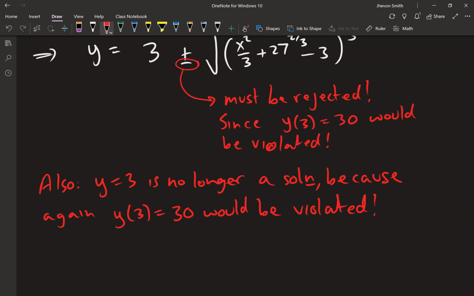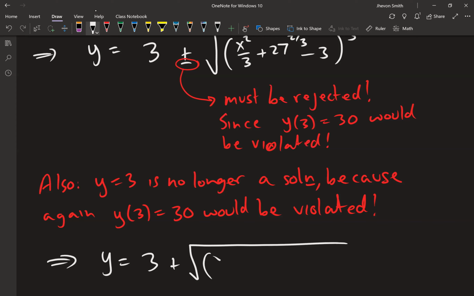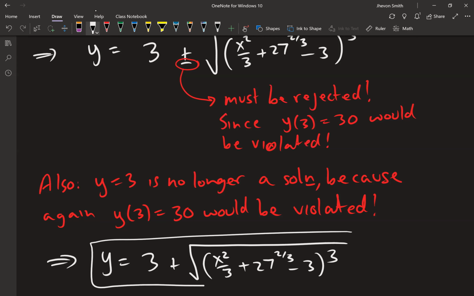If it's a constant function where the output is always 3, how am I going to get it to output a value of 30 when I plug in 3 for the input? You can't. It's impossible. This leads to the fact that y equals 3 plus the square root of x squared over 3 plus 27 to the 2/3 minus 3 cubed is the unique solution.